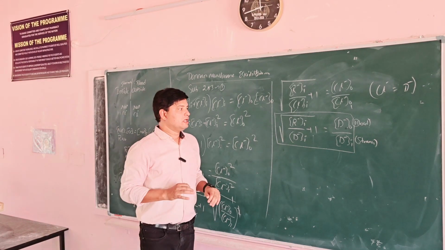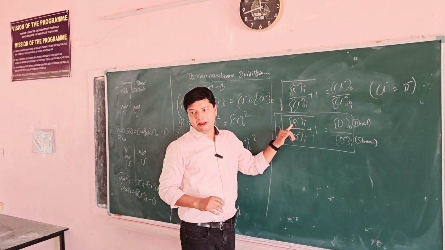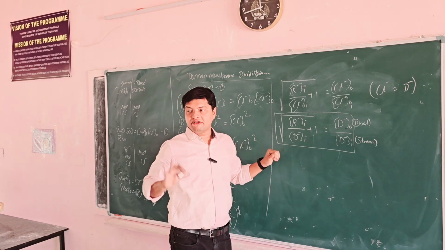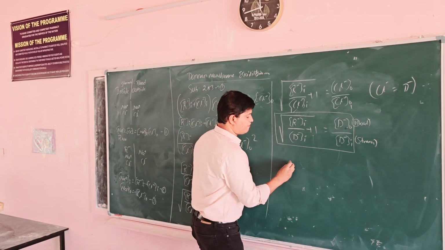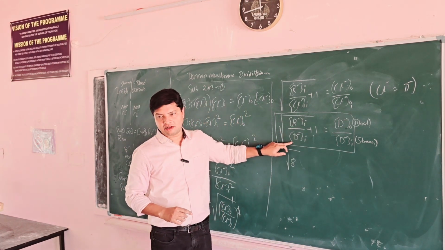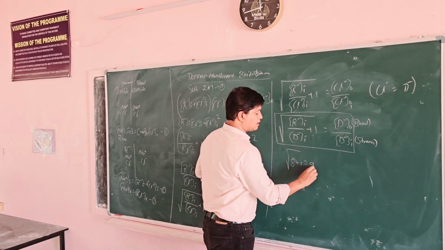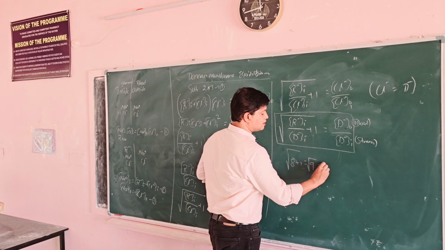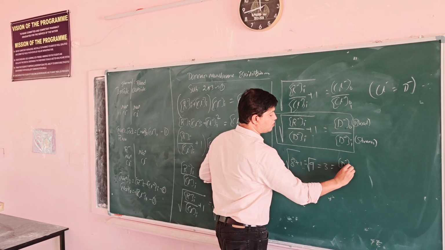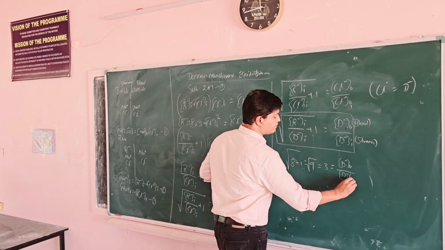If I take the ratio R to D, macromolecule to drug, as 8 to 1, that is 8 molecules of this and 1 molecule of this. So 8 plus 1 is 9, and square root of 9 is 3. So 3 is equal to D minus outside by D minus inside.